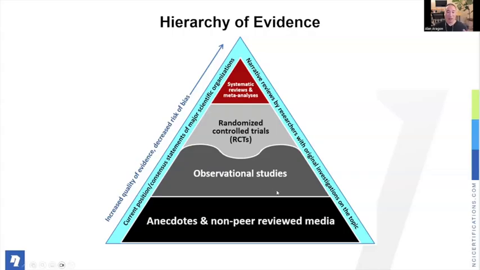In contrast, observational studies typically can draw correlations or associations. And there is an argument amongst academics about the ability to draw causal inference from observational studies.